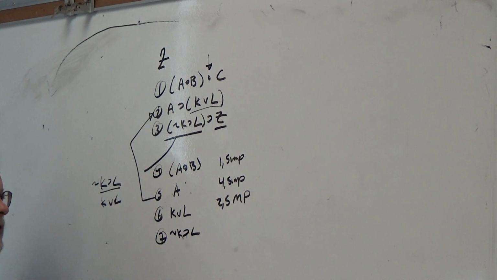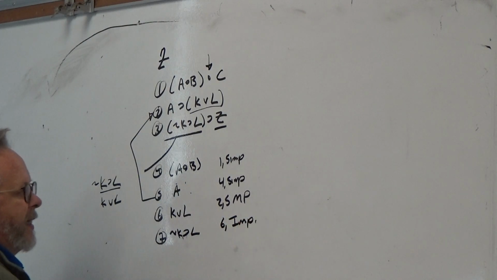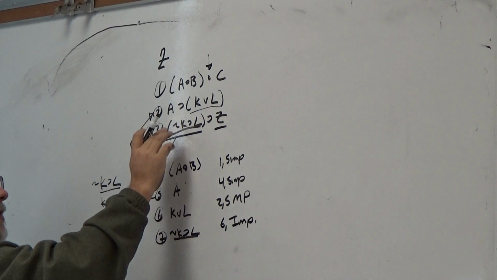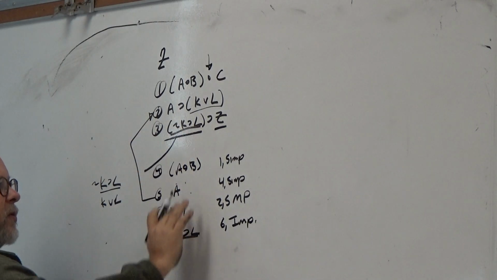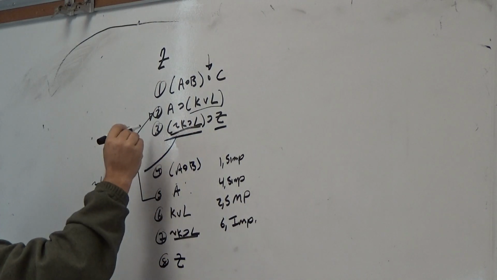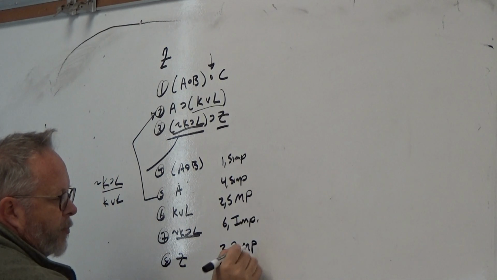That's how material implication works. So 6 by implication. Now I have this, which is the antecedent to 3. It says if you have this, and I do, then you get a Z. So we say Z from 3 and 7, modus ponens.